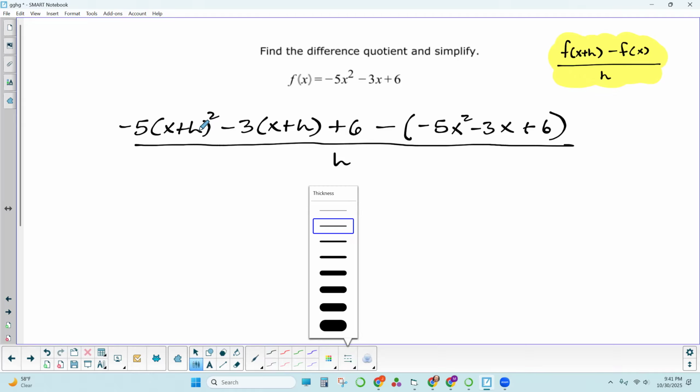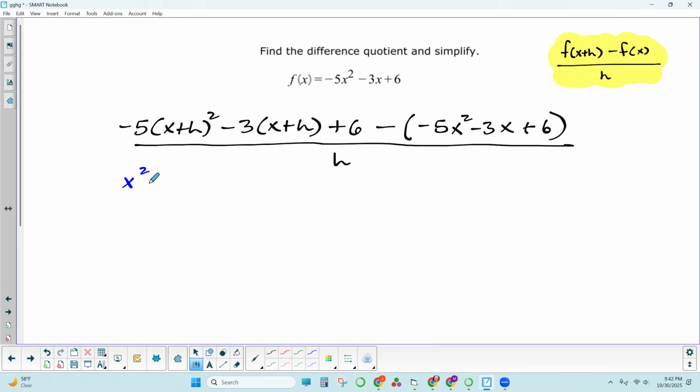I first have to square this: x plus h squared, which is just x squared plus 2hx plus h squared. Then I've got to distribute the negative 5 out in front. That gives me negative 5x squared minus 10hx minus 5h squared.